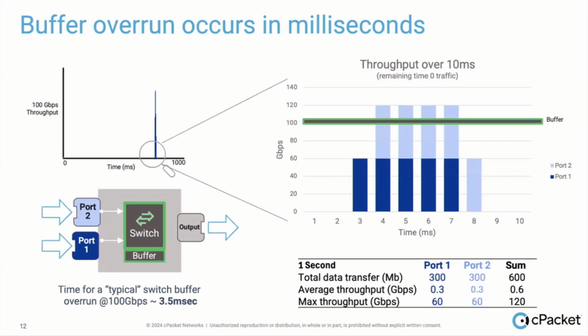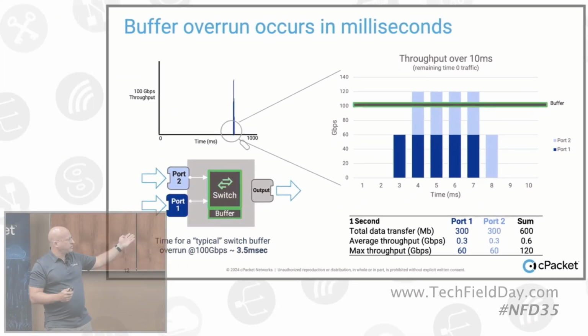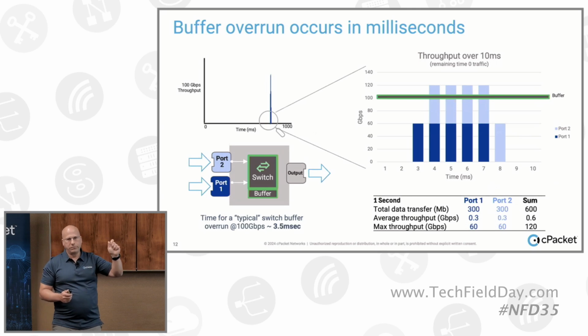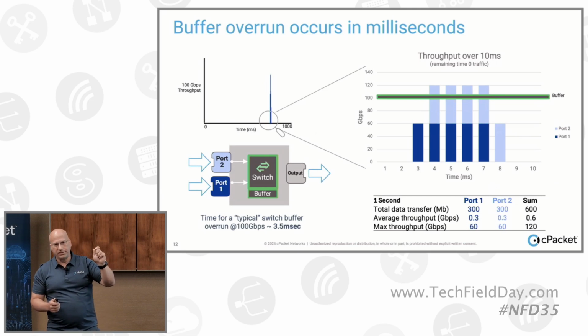So if you look at the network and you see what we have there on the top, we're talking about a switch that has 2 ports coming in and 1 port coming out, to make it very simple. And we mentioned the buffer can hold about 3.5 milliseconds. So we're looking at a single second, 1,000 milliseconds. And you can see in the graph that during that second, there was less than 10 milliseconds of actual traffic.